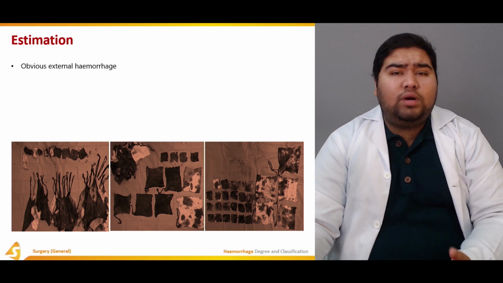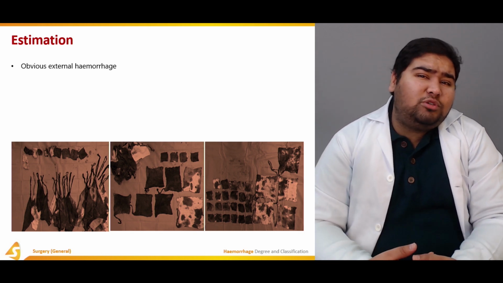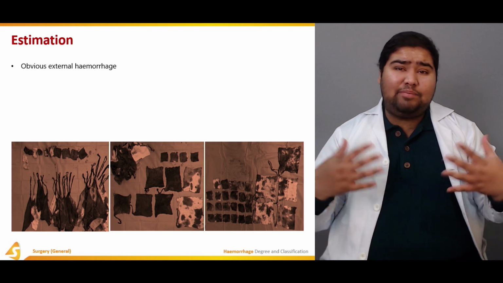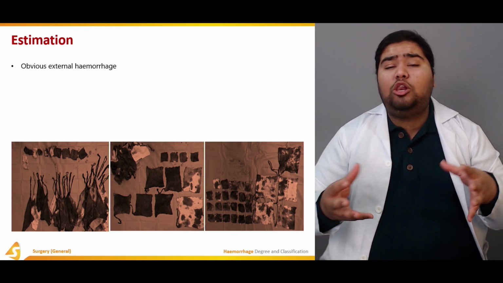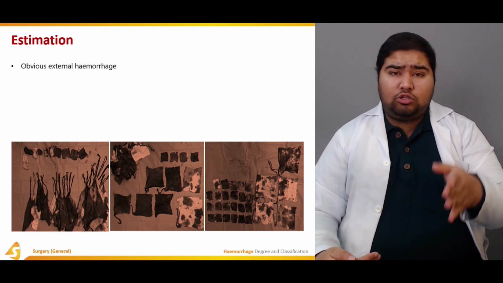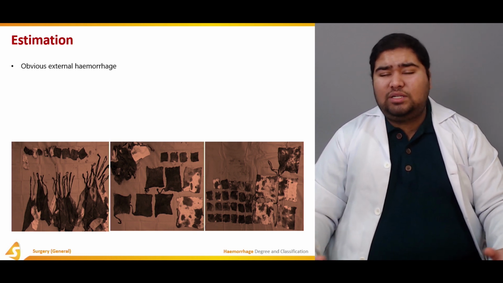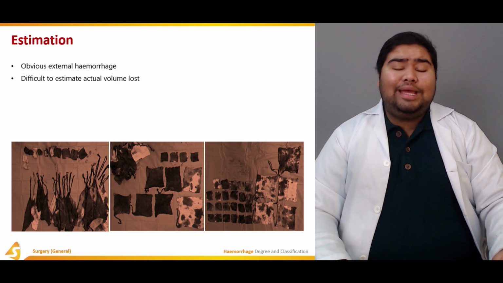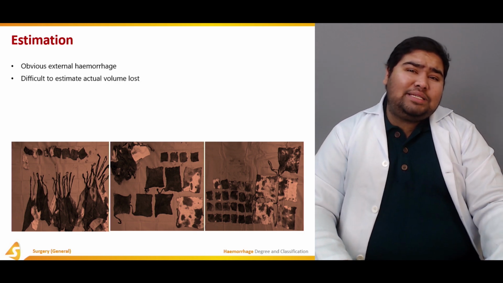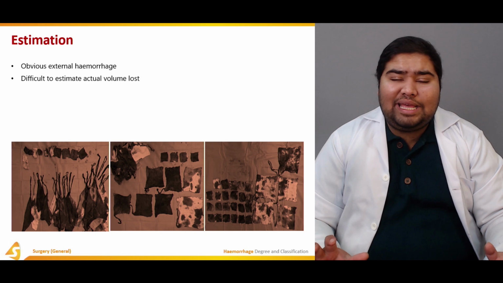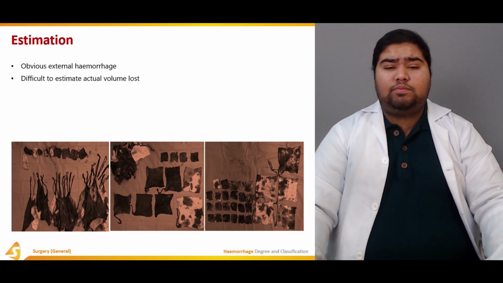You cannot quantify the bleeding in a road traffic accident. You can say there was a lot of bleeding, but a lot of bleeding in my perspective and a lot of bleeding in your perspective might be different. So you cannot exactly quantify what was going on. It is difficult to estimate bleeding in a concealed hemorrhage. We've talked about concealed hemorrhage before.